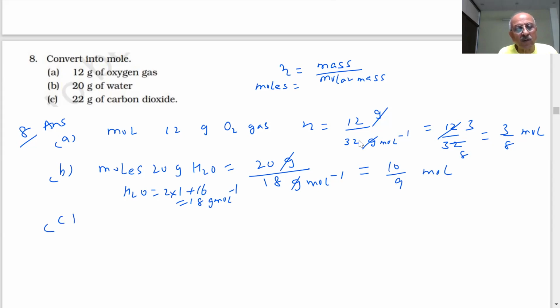22 gram of CO2. What is the molecular mass of CO2? 12 plus 32. What answer will you get?